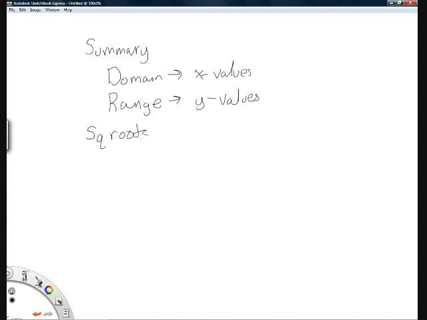For square roots, you do not want the square root of a negative.